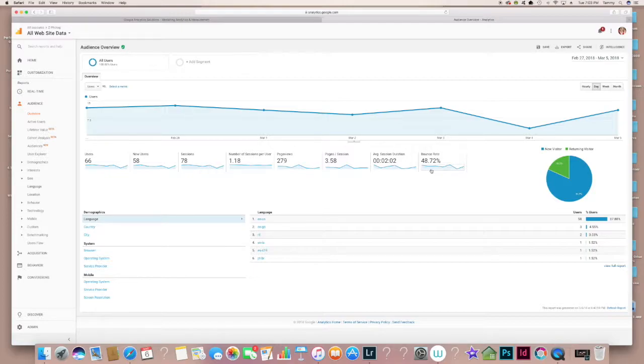I also wanted to show you over here. This percentage, 58 users, or 81.7% of the people coming to my site in this time frame are new visitors, and 18.3% or 13 users are returning visitors. So returning visitors is great.